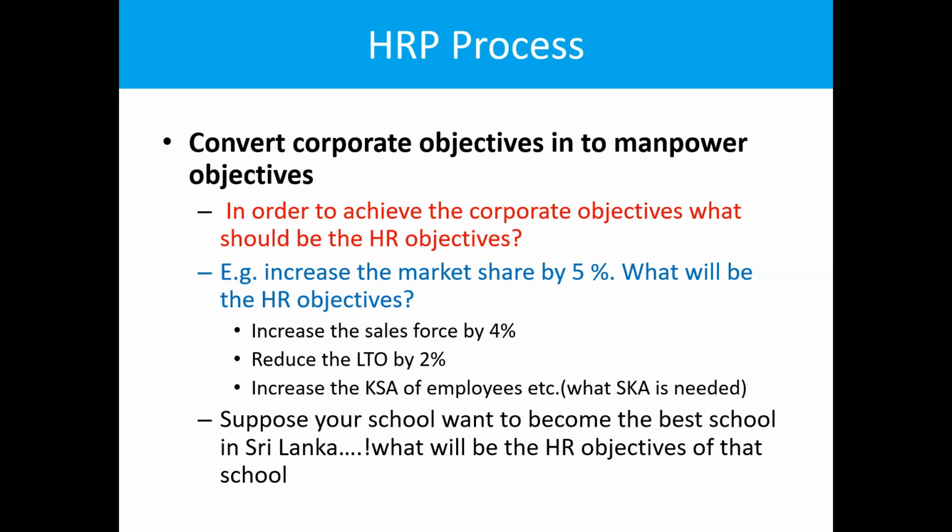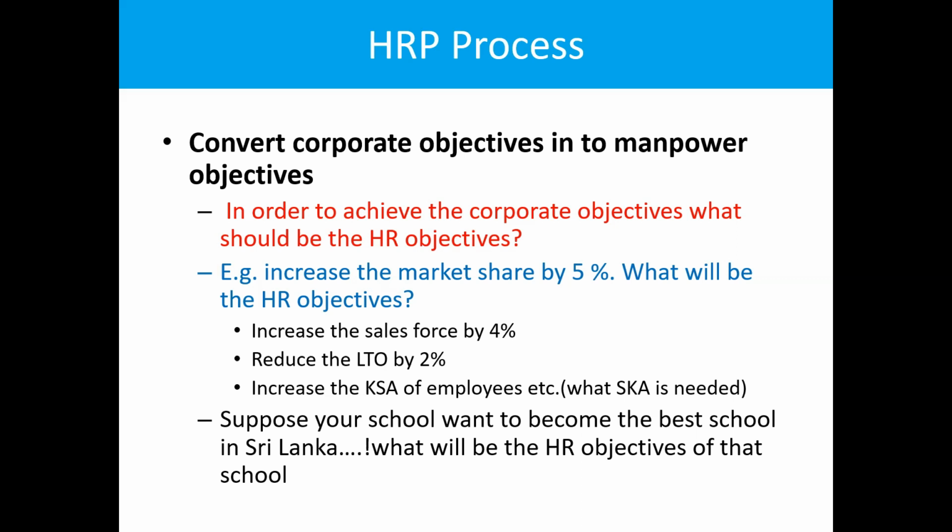So one HR objective is to recruit the best teachers in the island. Then obviously, after 10 or 20 years, it automatically becomes the best school in Sri Lanka, because we have the best teachers in the island or in the world, for example. We must try our best to recruit the best teachers.